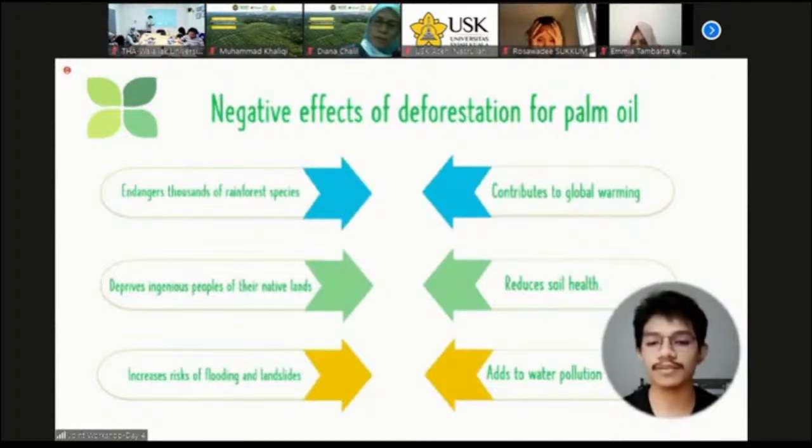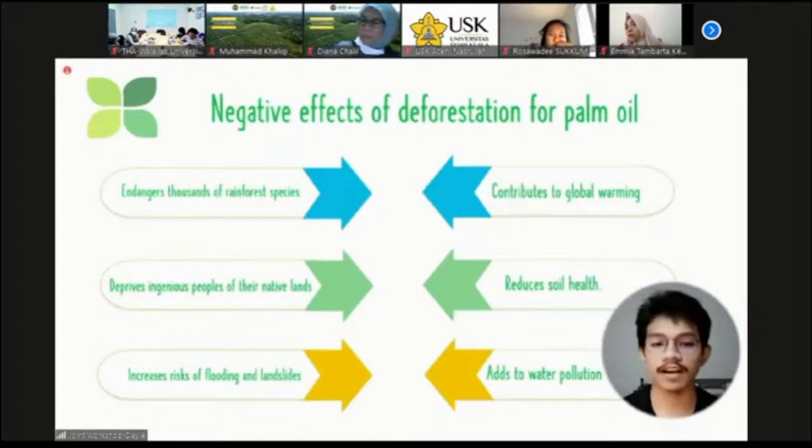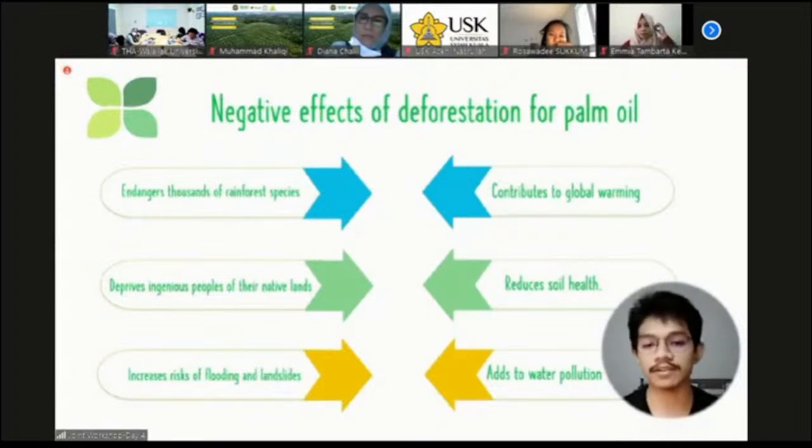Next, it increases the risk of flooding and landslides, because we remove a natural barrier to water flows and newly planted trees need time to grow. Next, it reduces soil health. Trees hold the earth in place with their strong root systems, but the nutrient-rich top layer is easily washed away after their removal, which is worse for soil fertility.